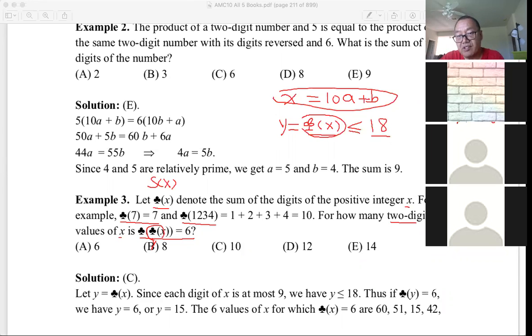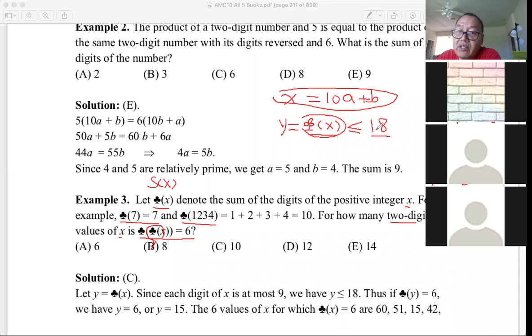Now my question is, what should this Y be? What is the choice for this Y? One choice, this Y equals 6. If Y equals 6, then the sum of the digits equals 6, right? Another choice, this Y can be 15, right?